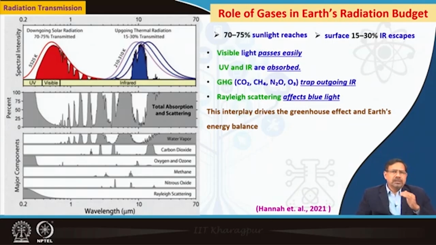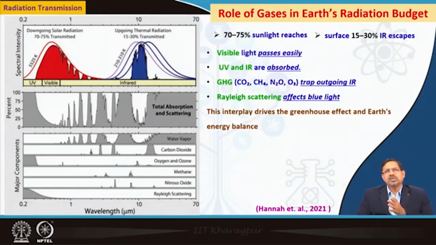Look at the diagram shown on the left hand side of this slide. The upper one has the spectral intensity on the y axis, whereas the x axis shows UV, visible and infrared.